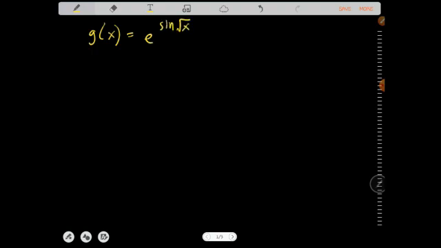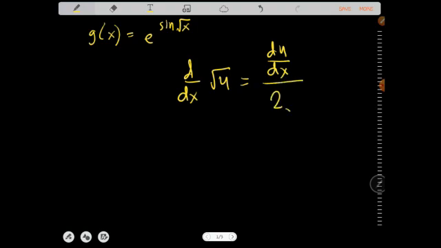This is the example in our module. Do you still remember that? That is rule number 8, I think, in our module. The derivative of square root of u is equals to du over dx over 2 times square root of u. Di ba, that is rule number 8? So we can use that because we have a radical.